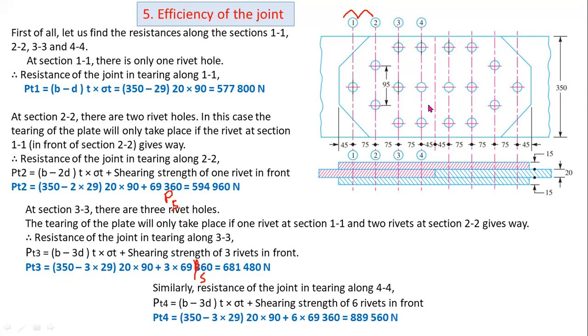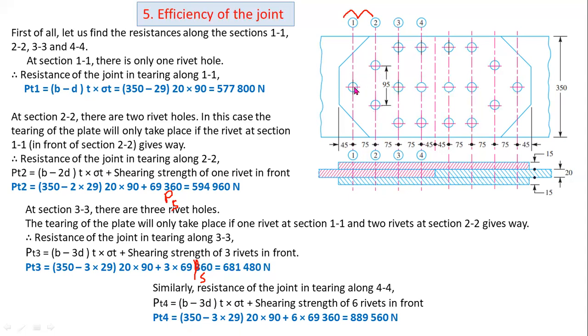At section 4, there are 3 rivets again. So you have to consider 3 times the diameter of the rivet. And also you have to add shearing strength for 6 rivets in front of section 4.